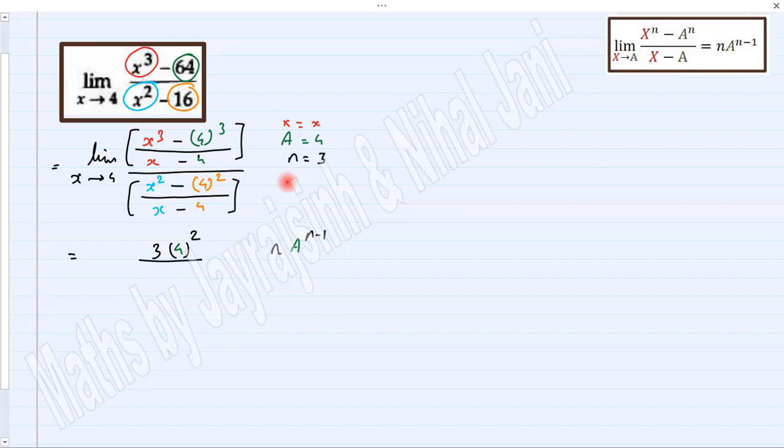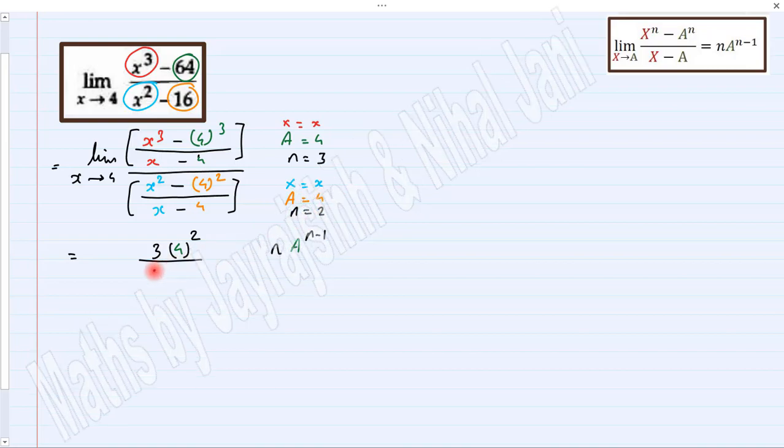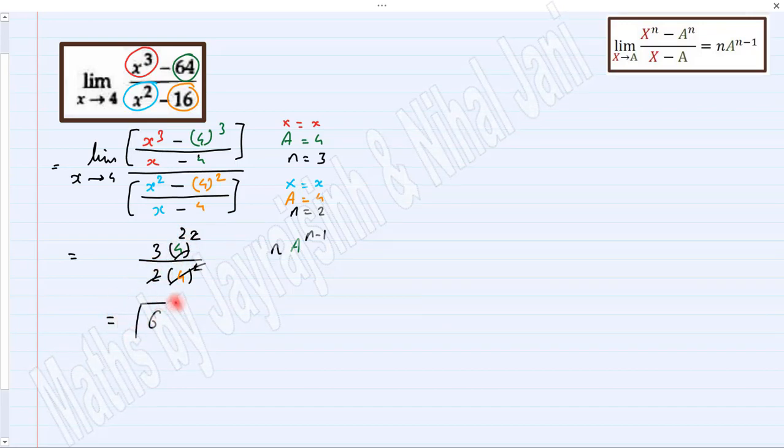Similarly, in denominator, we have capital X is equal to small x, capital A is equal to 4, and n is equal to 2. So we will get 2 into 4 raised to 2 minus 1, or we can say 1. So 1 power of 4 will cancel out, 2 2s are 4, and your final answer will be 6. Ta-da!